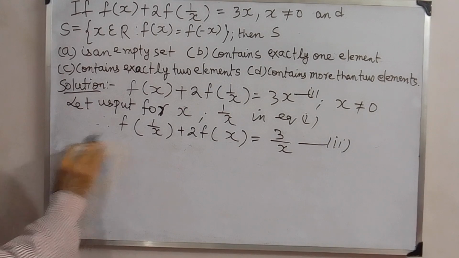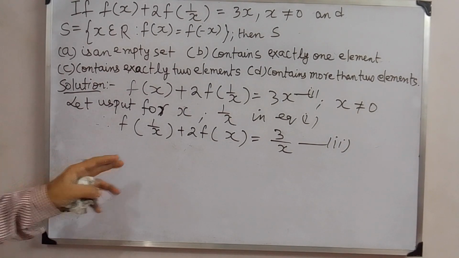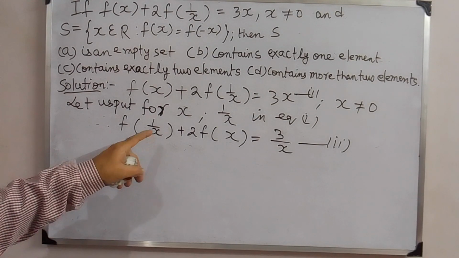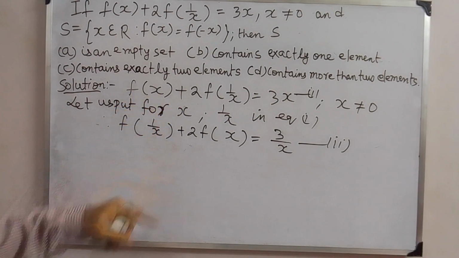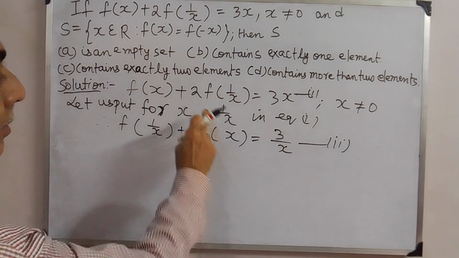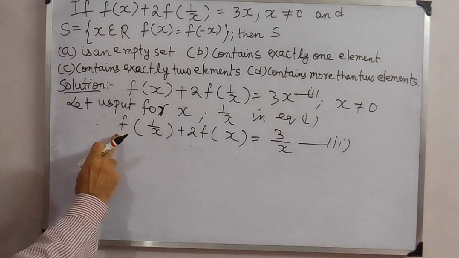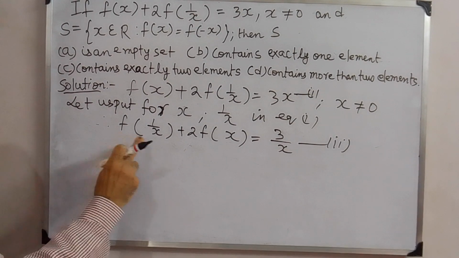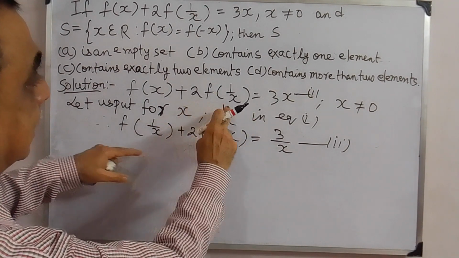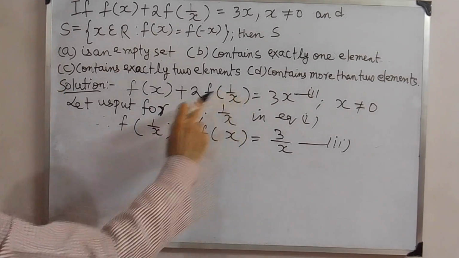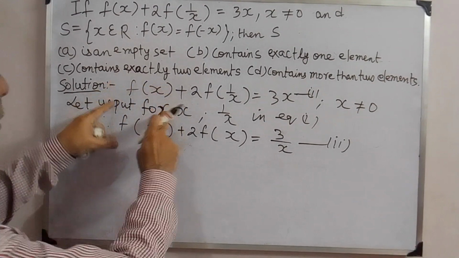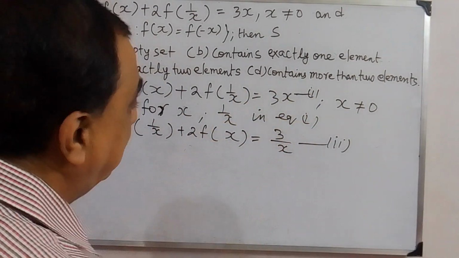Now see here what we are getting. The coefficient of f(1/x) is 2 in one equation and 1 in the other. I want to eliminate f(1/x) from equations 1 and 2, so we will get a relation of f(x) in terms of x.